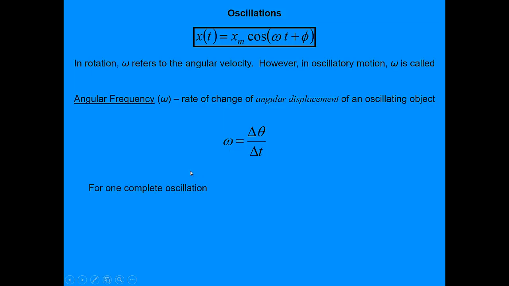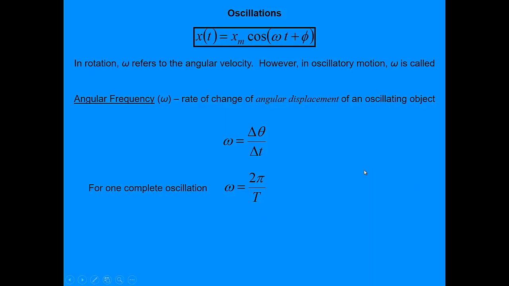For one complete oscillation, that would be one complete rotation of the object. What's the angular displacement for one complete rotation? Well, it is, of course, 2 pi radians. And the time for one complete oscillation, as we defined earlier, is the period.